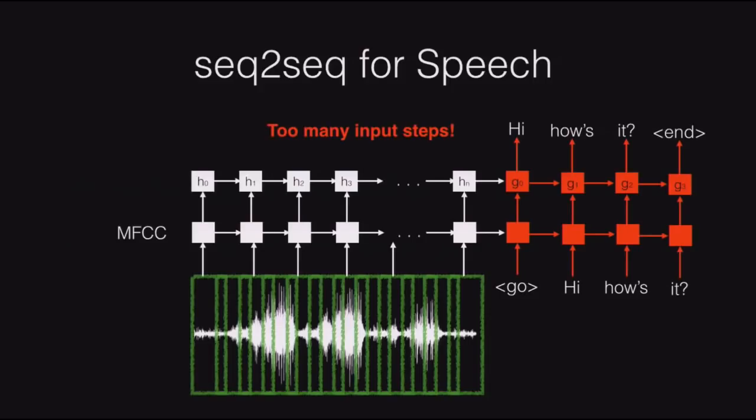Now, the problem with this algorithm is that when it comes to speech, you end up with a lot of inputs, right? You can end up with thousands and thousands of steps. So backpropagating in time, even with attention, can be difficult. Now, one thing that you can do is basically you do some kind of a pyramid to map the input.